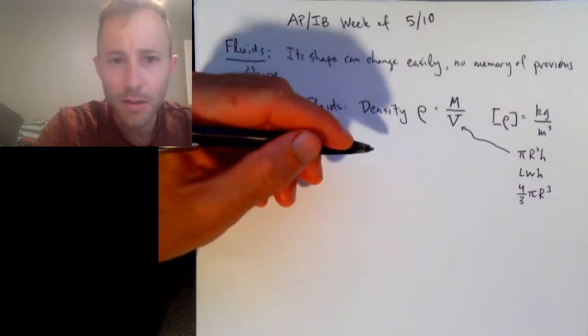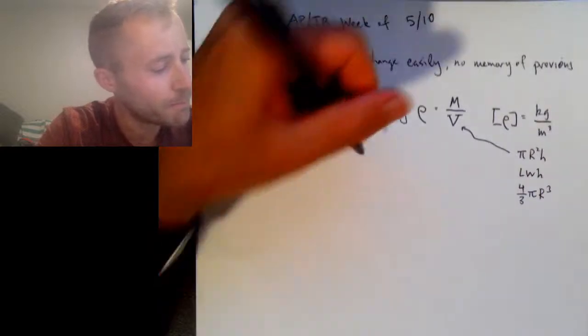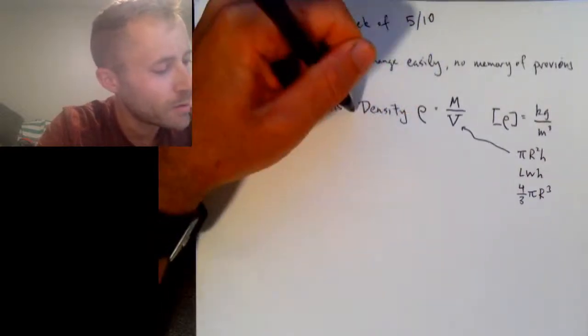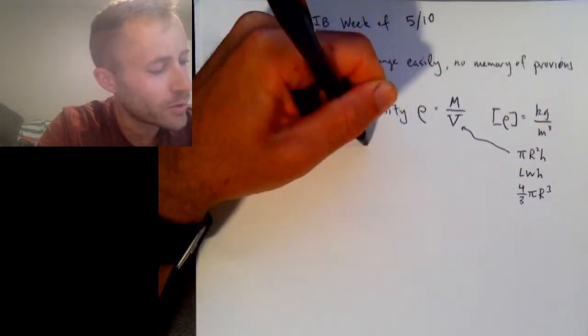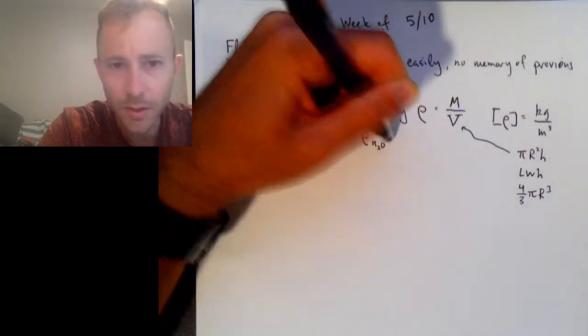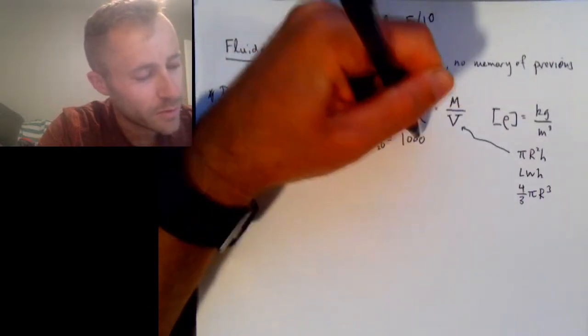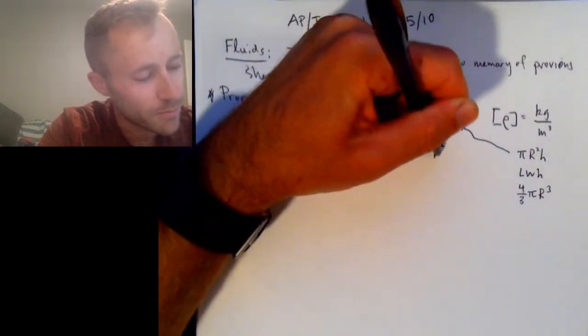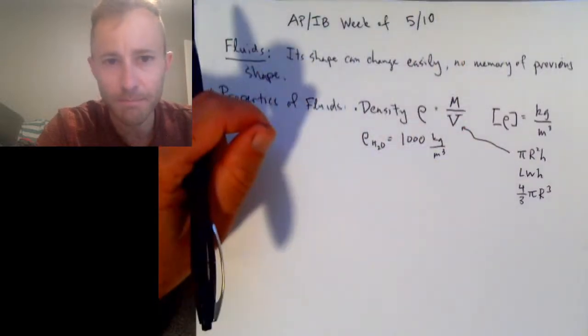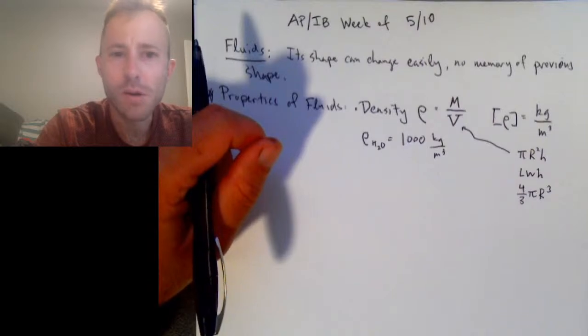Different fluids have different densities. In particular, you would definitely want to know the density of water. The density of water is 1,000 kilograms per cubic meter. So that's really important.